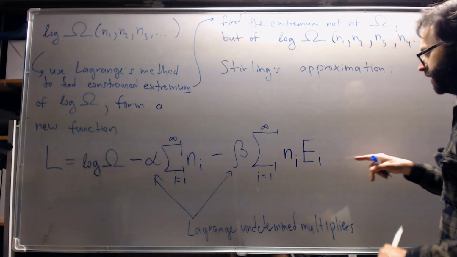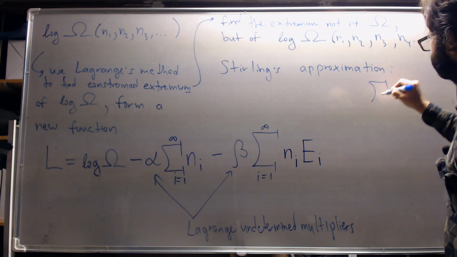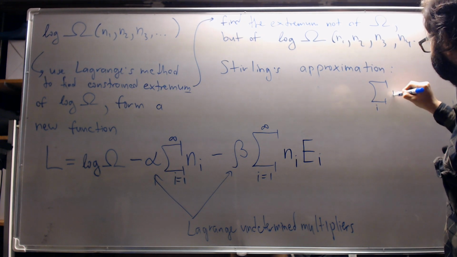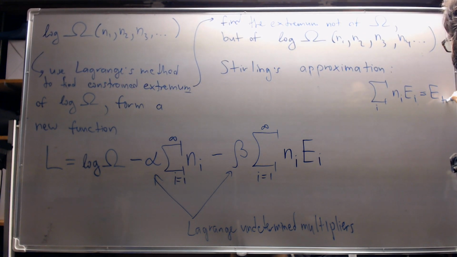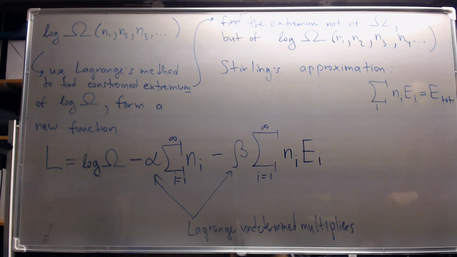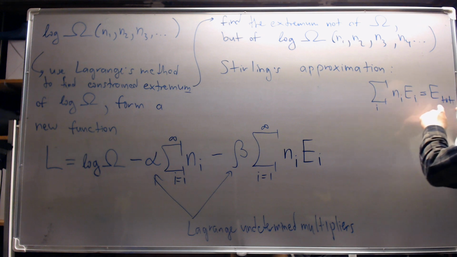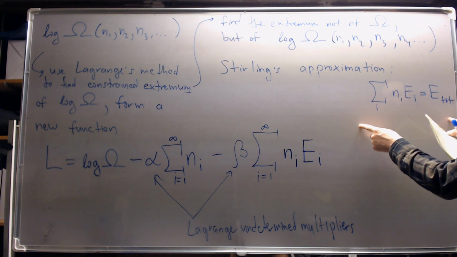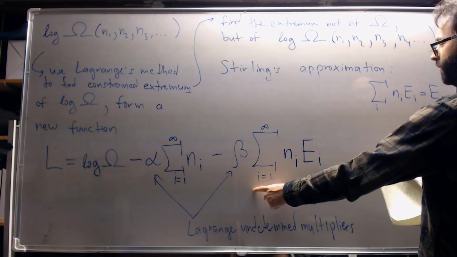Just a very quick aside: our constraint looked like this, for the second constraint, for example. And the first one looked like a sum over ni is equal to N. The common way to do this is to subtract E total from both sides, and then that's what beta should be multiplying.